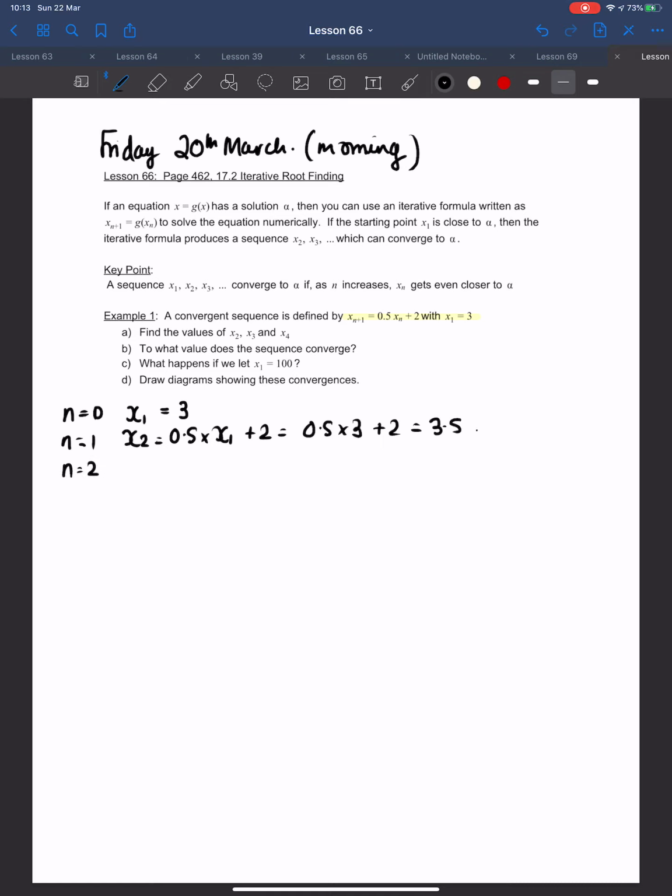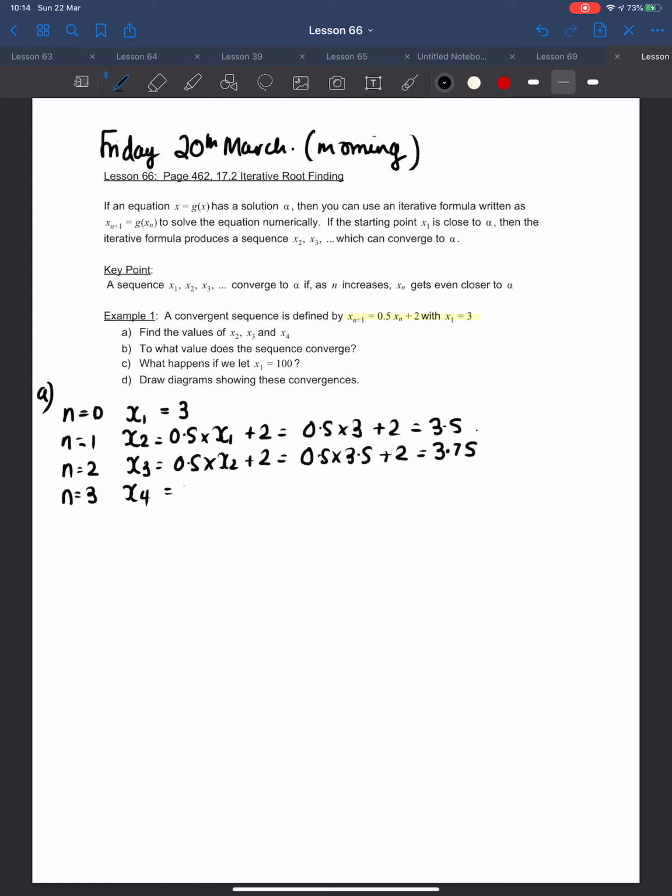And we can do the next one, n equals 2, gives us x3. So it's a half of the previous one plus 2. So it's a half of 3.5 plus 2, which is 1.75 plus 2, 3.75. Okay, and then n is 3, gives us x4.